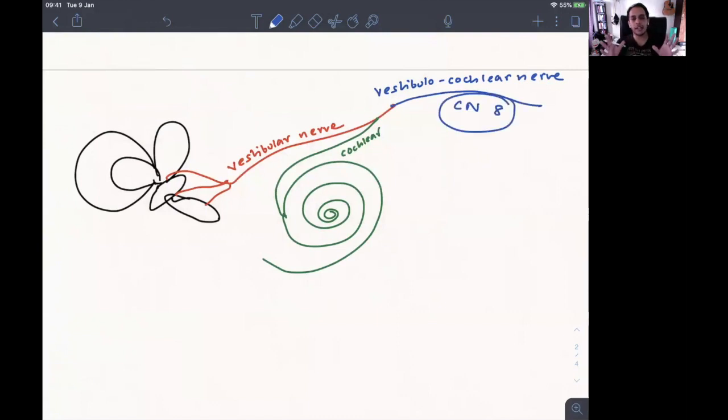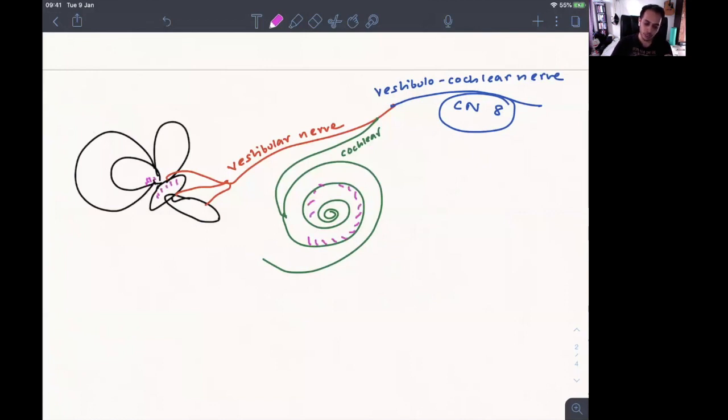So when we say cranial nerve 8, we actually mean two nerves put together. One nerve comes from the cochlea and one nerve comes from the vestibule. And they both give you two different sets of information. The cochlea gives you information about the sounds that you hear, and the vestibule gives you information about the orientation of the head. The only similarity between these two is that both of them contain hair cells.